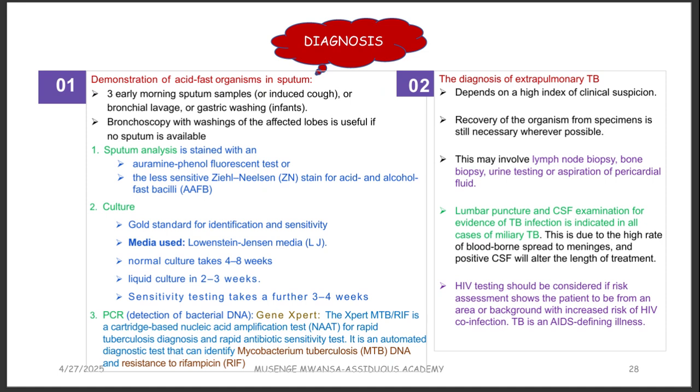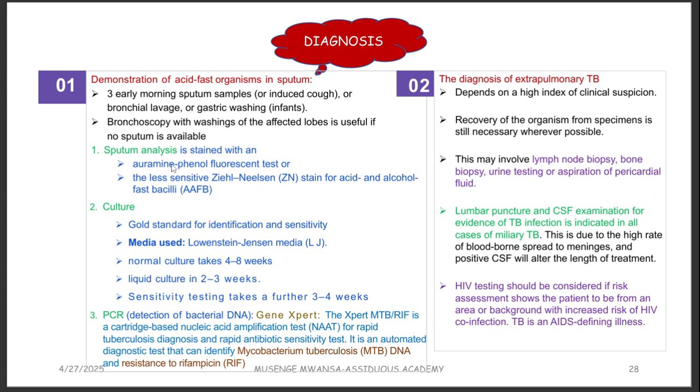Sensitive means that it can pick up Mycobacterium species, so anything with the features of mycobacterium, it will pick up. It might not be just Mycobacterium tuberculosis. Specific means that if it is MTB, it is only MTB. So this one is sensitive.